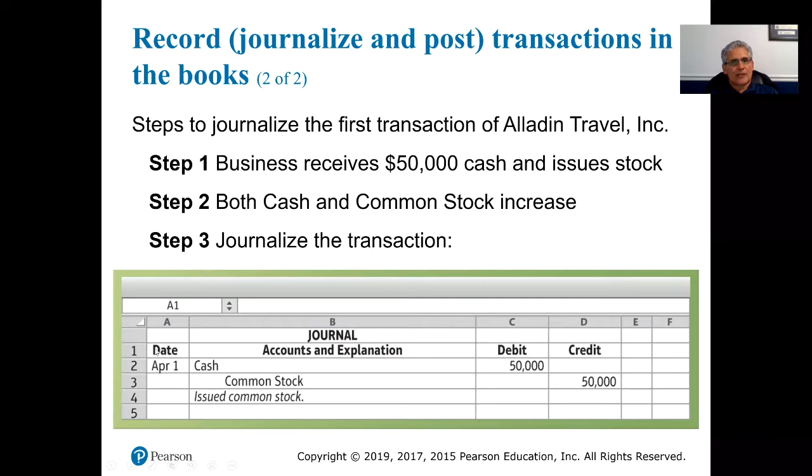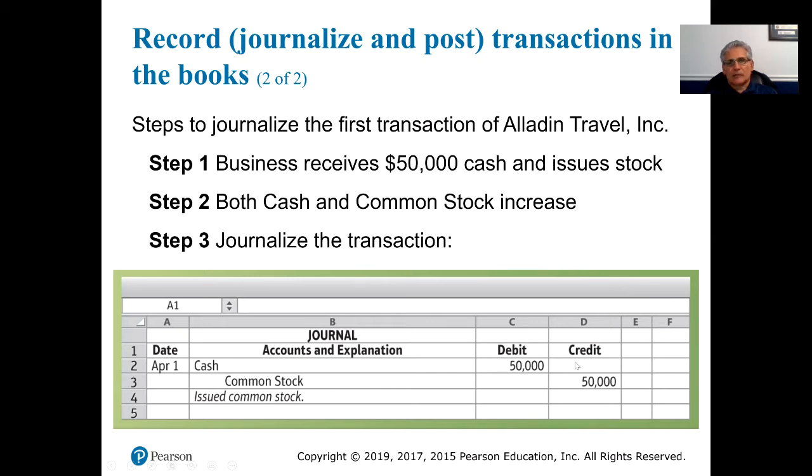The journal transaction will list the date. Cash will go first. Notice that cash is left justified. Debit, we'll list the debit as $50,000, and then common stock is going to be indented because it's a credit. Just proper formatting when we're making journal entries.